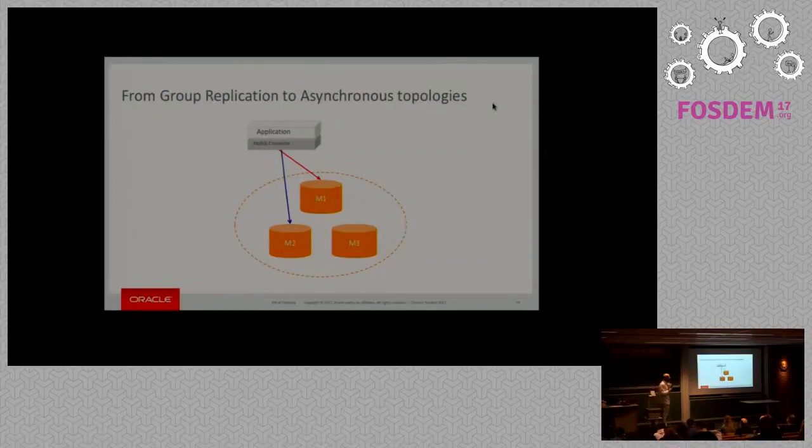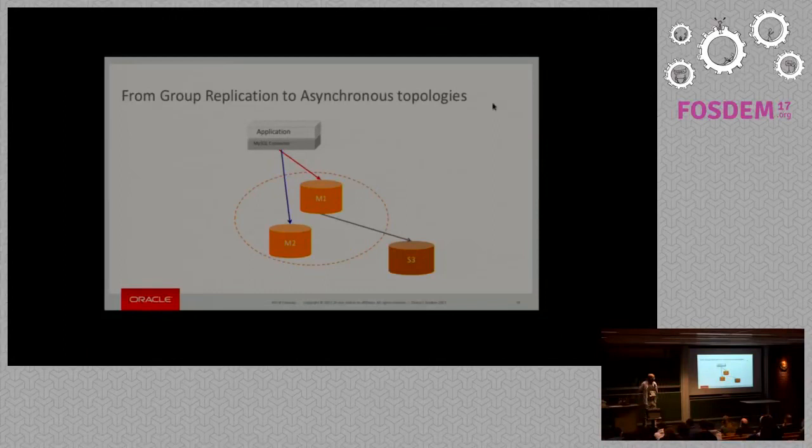So maybe you tried replication and it was not for you, and you want to migrate back. This is a simple scenario, but still one that we must include. So basically, you have a group, maybe it's primary master or multi-master, it doesn't matter.